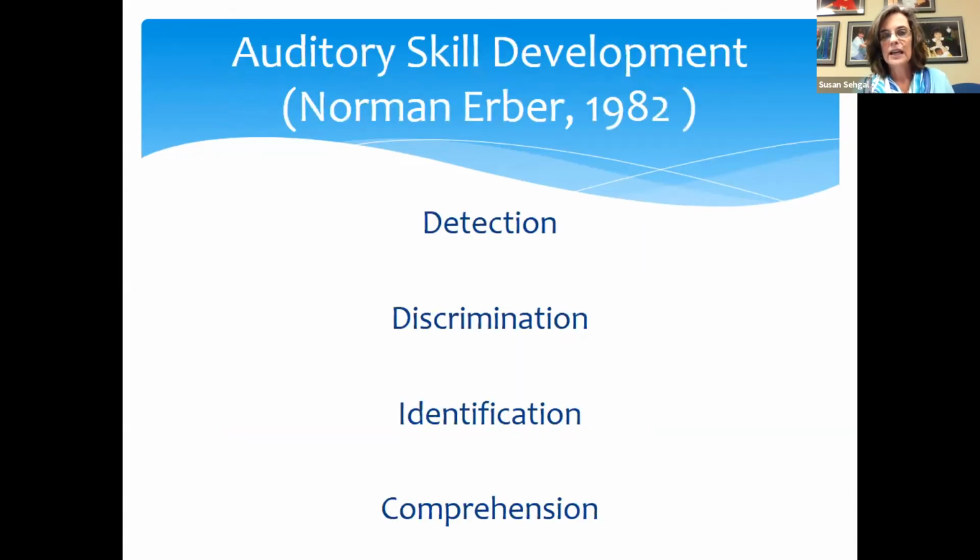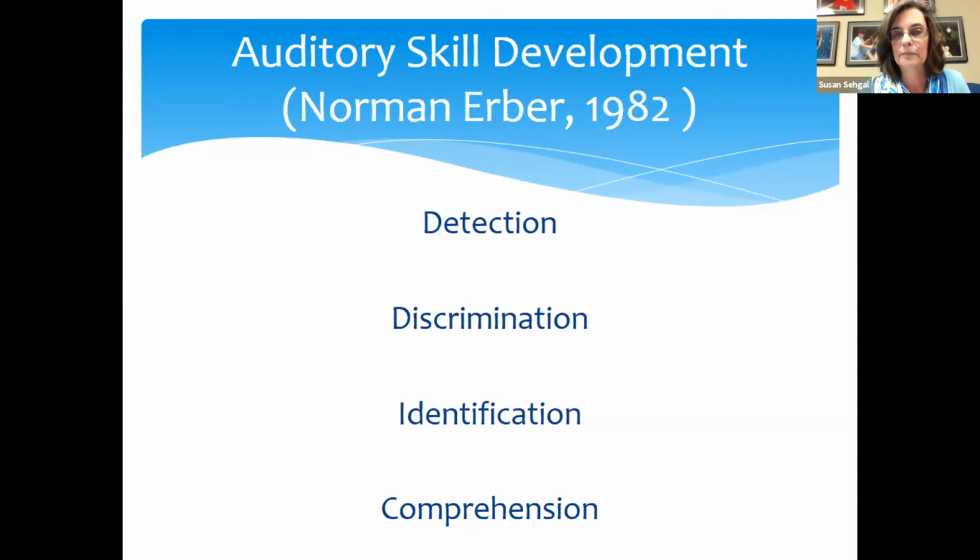So when we're looking at auditory skill development, there are a lot of different hierarchies that are used, but one of the simplest constructs is one that was developed by Norm Erber in 1982 and has continued to be frequently used.